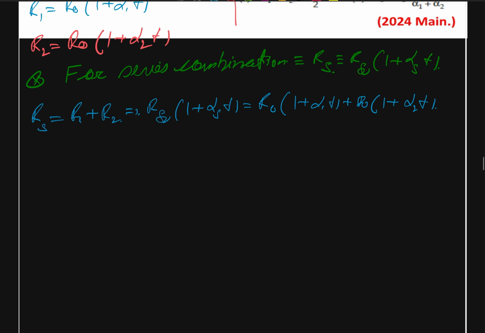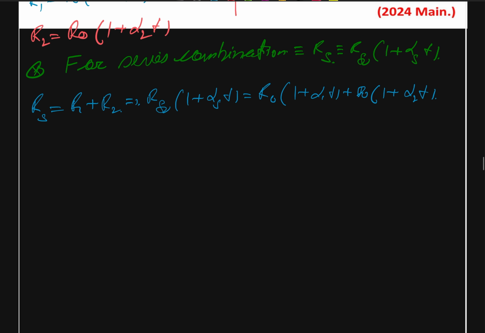Here we have to remember that RS naught will be equal to R naught plus R naught, which is twice R naught.